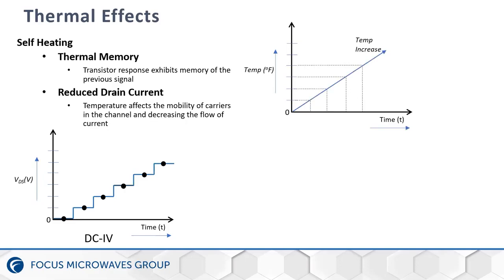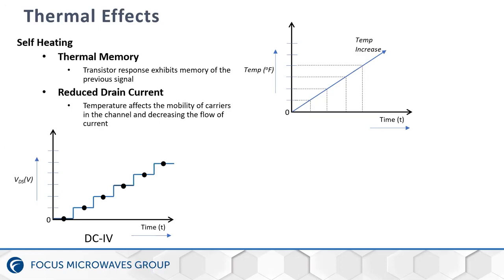Due to this rise in temperature within the device, the transistor parameters will have a slightly different response, and they might exhibit memory of the previous signal, which means the response might be dependent upon whatever state it was at previous voltage levels. This behavior is also termed thermal memory. And of course, it's an undesired behavior.